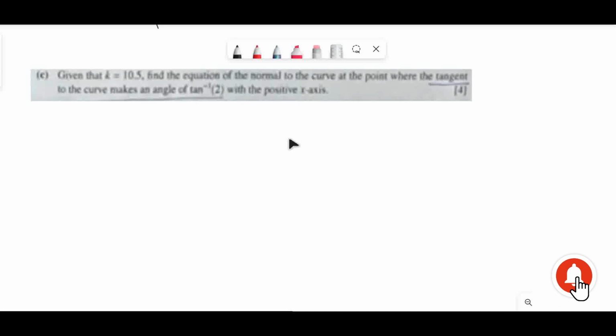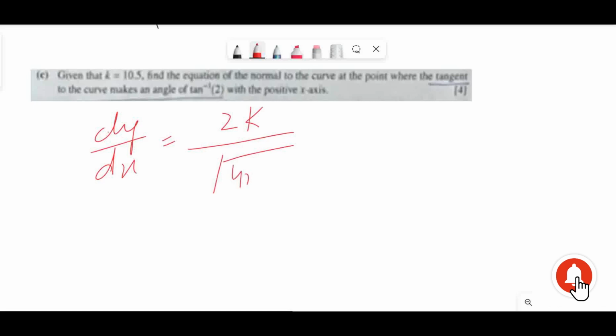Now, as we can see, in the first part we found that dy by dx is equal to 2k divided by square root of 4x plus 1 minus 1.